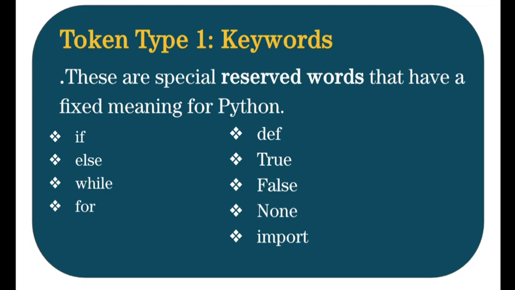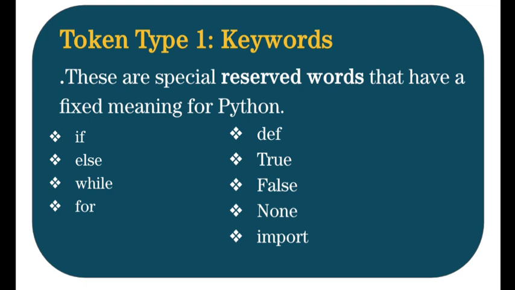Keywords. These are special words that Python already understands. These are special reserved words that have a fixed meaning. You cannot use keywords as names for anything else like variables or functions.